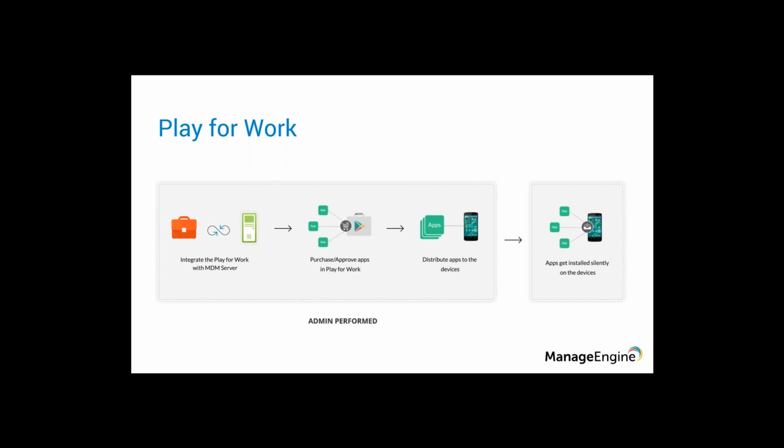The Play for Work service is kind of similar to the ABM. First, you would have to integrate the Play for Work with the MDM server, purchase or approve applications from the Play for Work store. Then you would have to distribute these apps to the devices, and the apps would automatically get installed in your mobile devices itself.